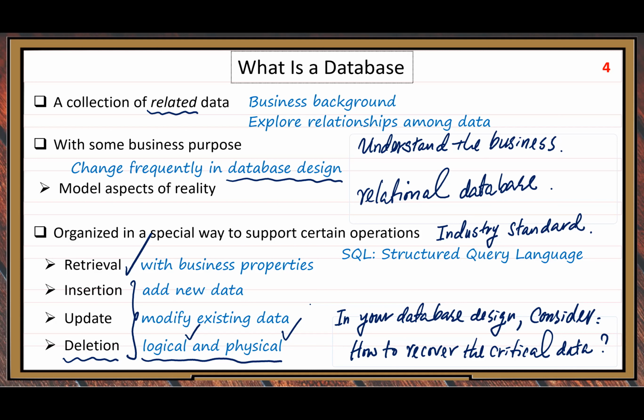So in your database design, many places you may need to consider this type of data protection for your critical data. Otherwise, you will regret. You may need to spend millions of dollars again to reacquire that part of the data. That's disaster, right? It's a lot of resource you waste.